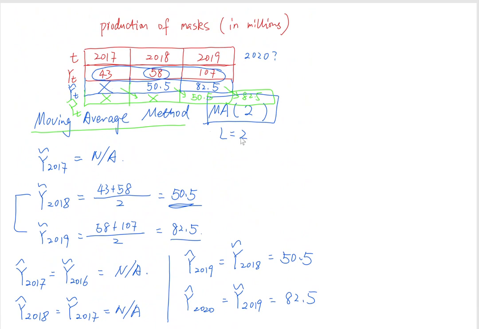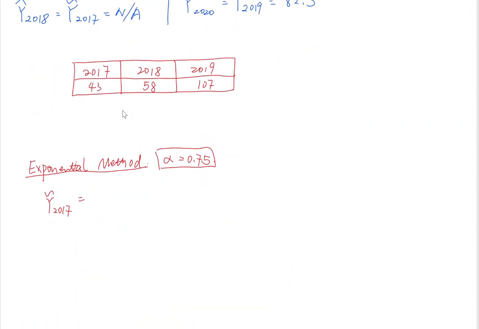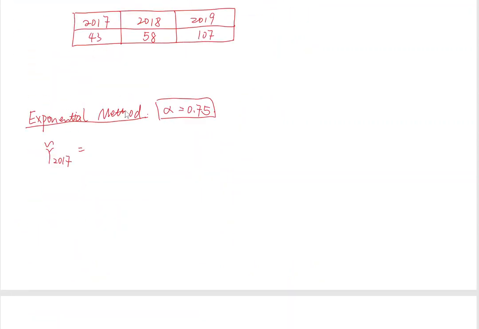If L equals 3, that means you don't have the first 2 because you cannot get the average, right? But for the exponential method, let's just use YT and create another 2 rows. The first row is for the estimated value, the next row is for the predicted value.